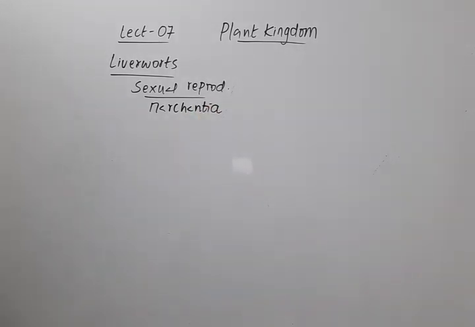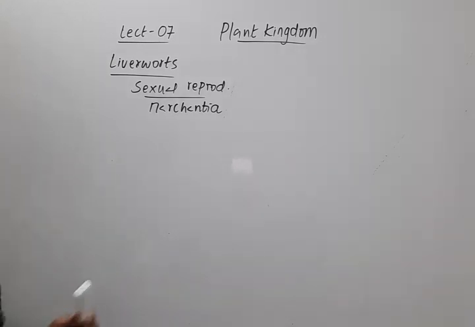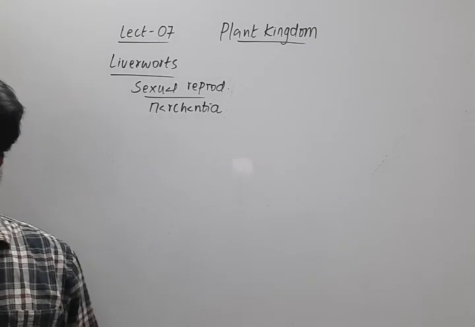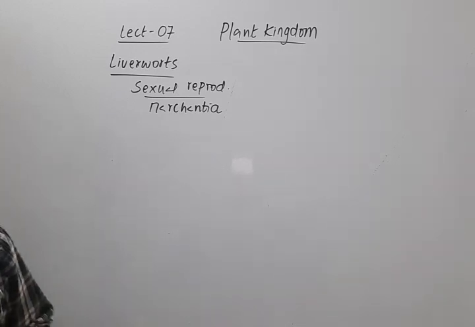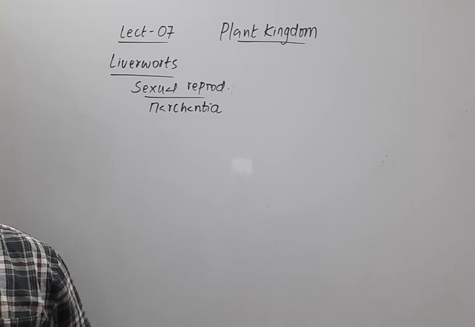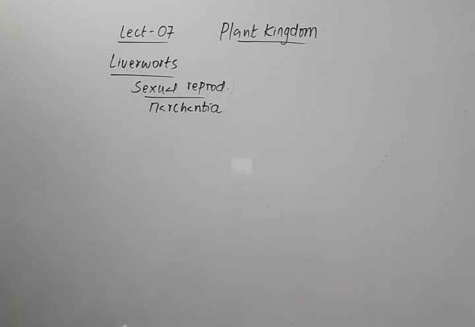Marchantia is dioecious, that is, the male and female thalli are different. We have already seen that the male thalli produce the antheridiophore, which has a receptacle that consists of antheridia. The antheridia produce antherozoids, which are biflagellate. The archegoniophore also has structures. The archegonium is flask shaped, and I gave that picture in the last session.